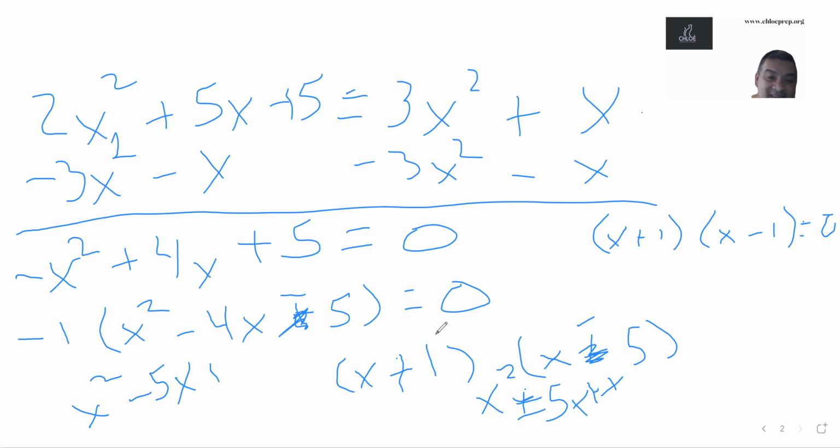And even as a math teacher, now my confidence is shaken. 5 is -5, which is what we wanted. And then if we combine these like terms, -5 plus x is actually 4x. So I'm going to go write that on the next page. X squared -4x, x squared -4x minus 5.